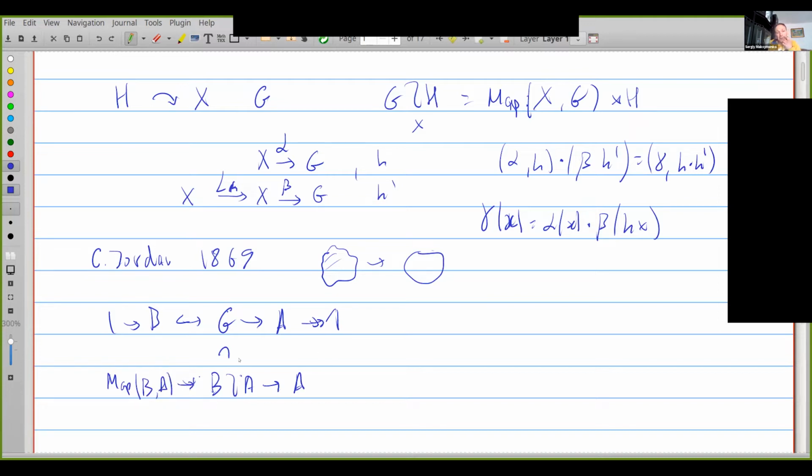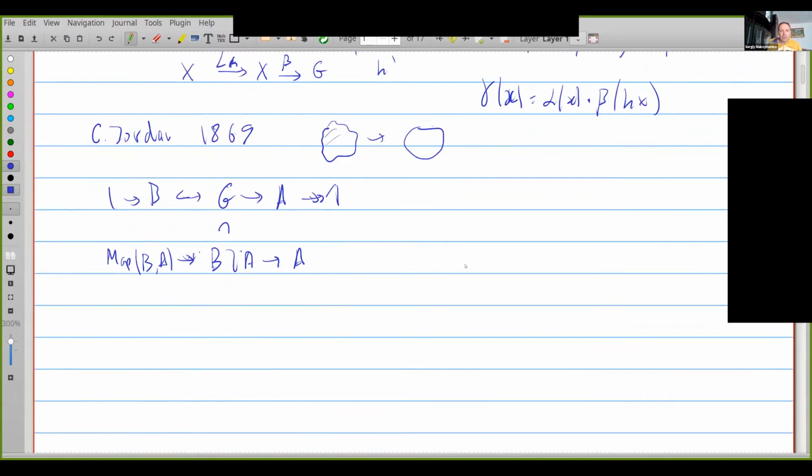This is a result of Kaloujnine and Krasner, that every group extension is a subgroup of this special kind of group. So every group of this kind is embedded into the wreath product of the kernel and the quotient. And therefore they have importance because, in some sense, they contain everything.